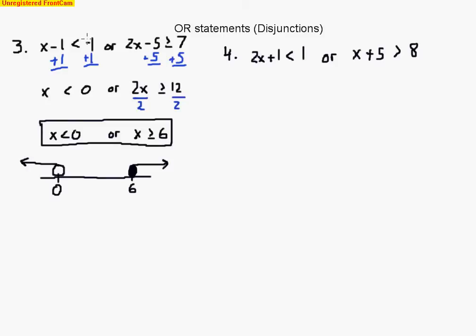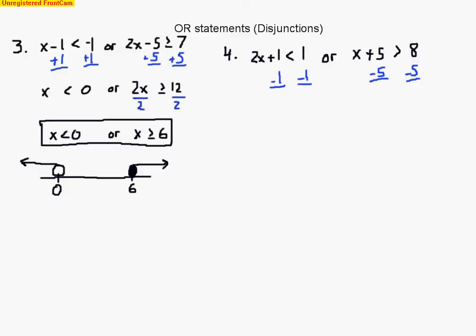Again, we know it's an OR statement because they say it is here, and we're just going to do opposite operations to isolate the variable to find out where the endpoints are. So I'm doing the opposite of the positive one, and I'm taking 1 away to cancel out the 1's here. Doing the same thing with the 5's, canceling those out as well.